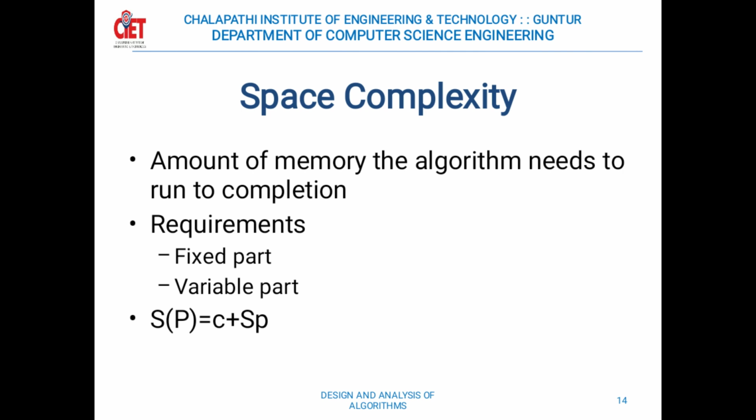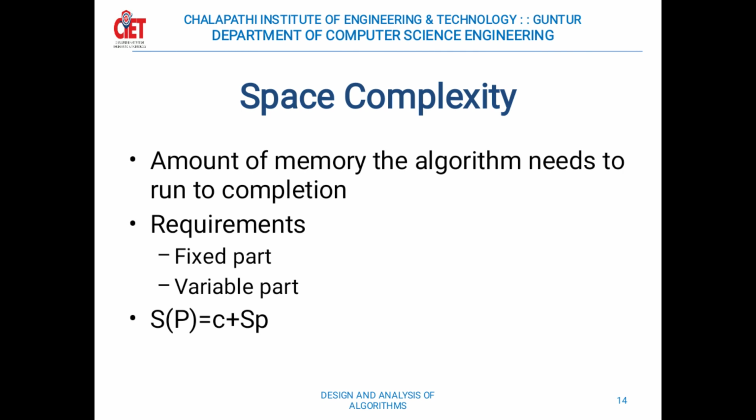The constants and simple variable instructions come under the fixed part of the algorithm. Reference variables, arrays, pointer arrays, or the stack address space of a subfunction or procedure come under the variable part of the algorithm. So the space complexity of an algorithm S(P) is equal to C plus S_P. Here C is the constant representing the size of the fixed part.